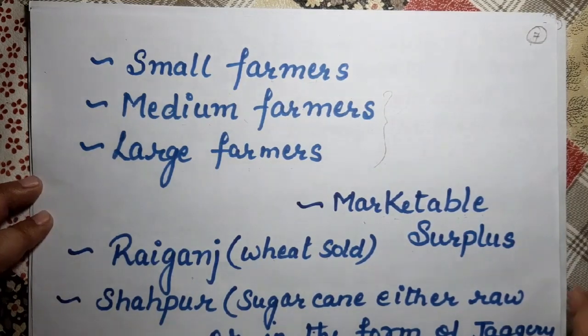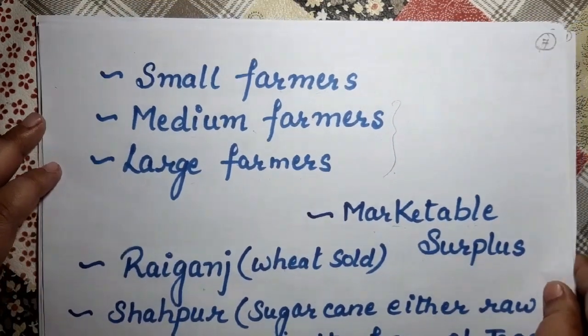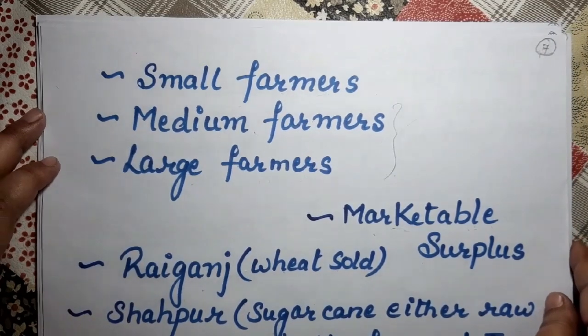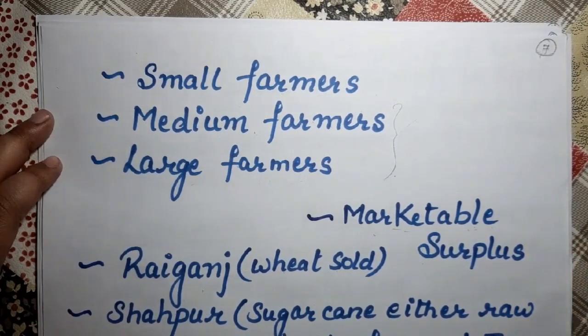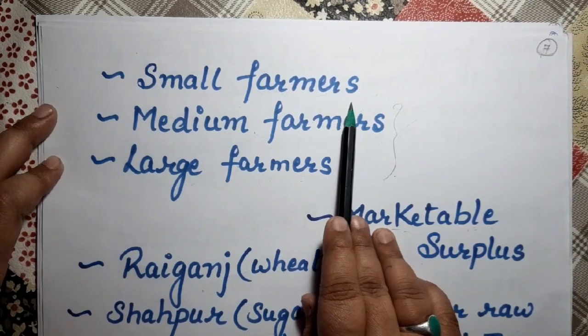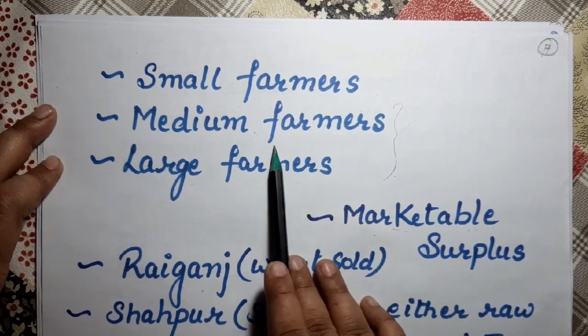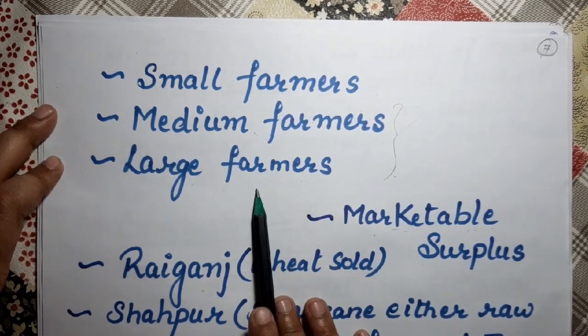Now there are a few things you should know about capital. It is given in your NCERT book about small farmers, medium farmers and large farmers. Small farmers are basically landless farmers, and they work on the land of medium or large farmers.